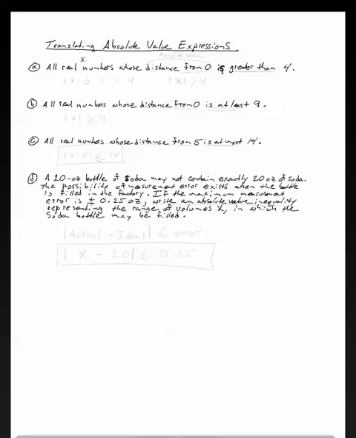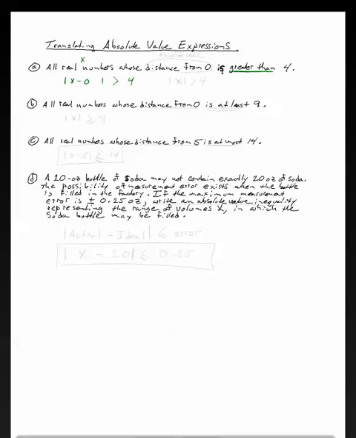So what we're going to get here, all real numbers whose distance from 0. So the absolute value, distance, from 0. So we want x minus 0, because that's our distance from 0, is greater than 4. So we want this distance to be greater than 4.